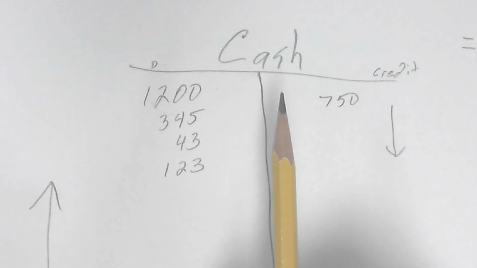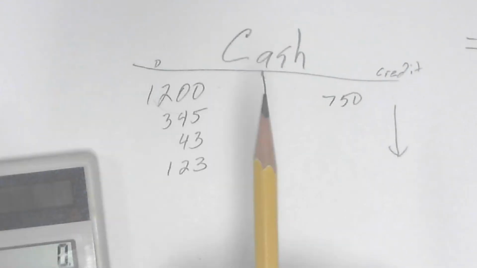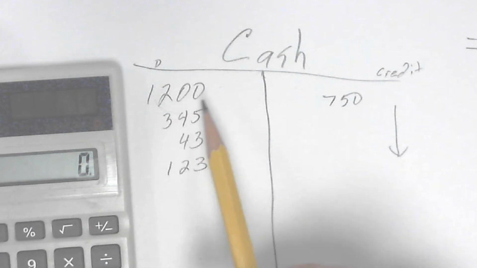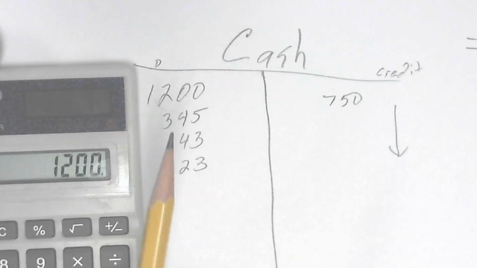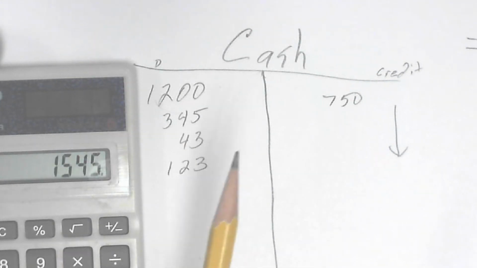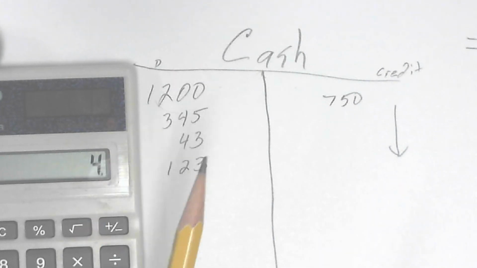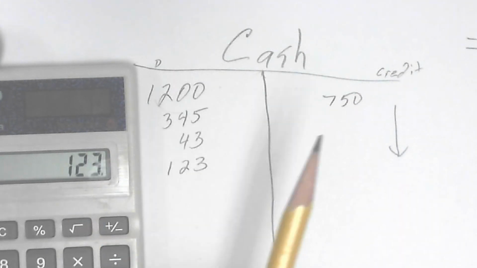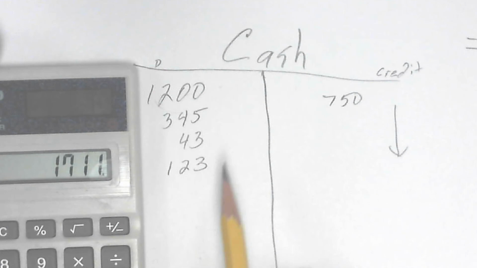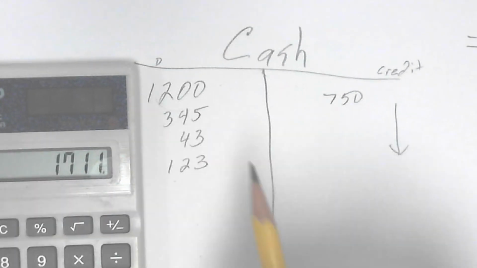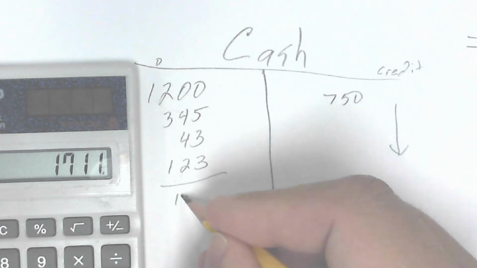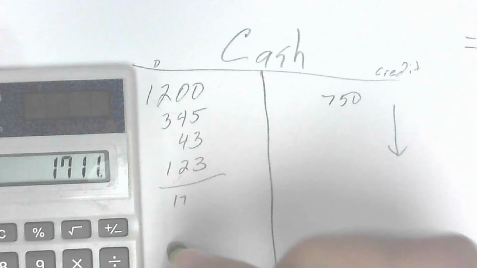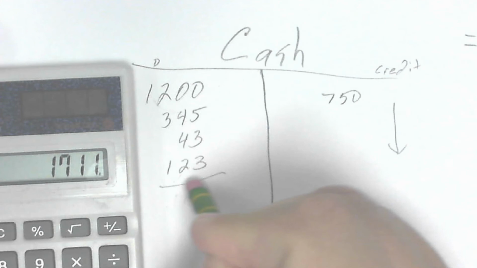So we're going to add these up. So we've got 1,200 plus 345 plus 43 plus 123. So far, for our increases on our debit, we've got 1,711.